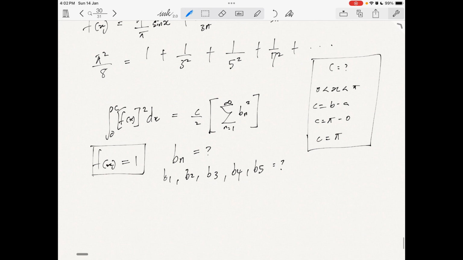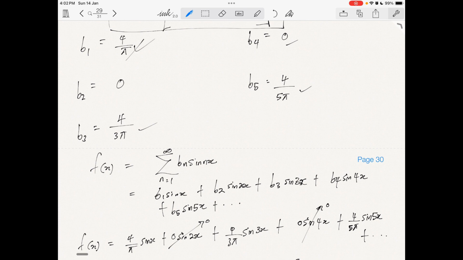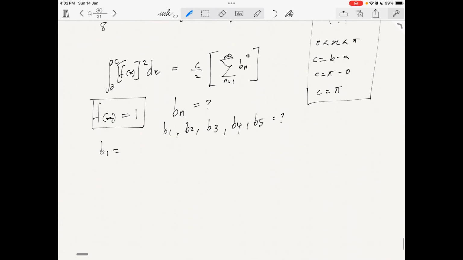So we recall that b1 is equal to 4 over pi, b2 is 0, b3 is 4 over 3 pi, b4 is 0, b5 is 4 over 5 pi. So b1 is 4 over pi, b2 is 0, b3 is 4 over 3 pi, b4 is 0, and b5 is 4 over 5 pi.